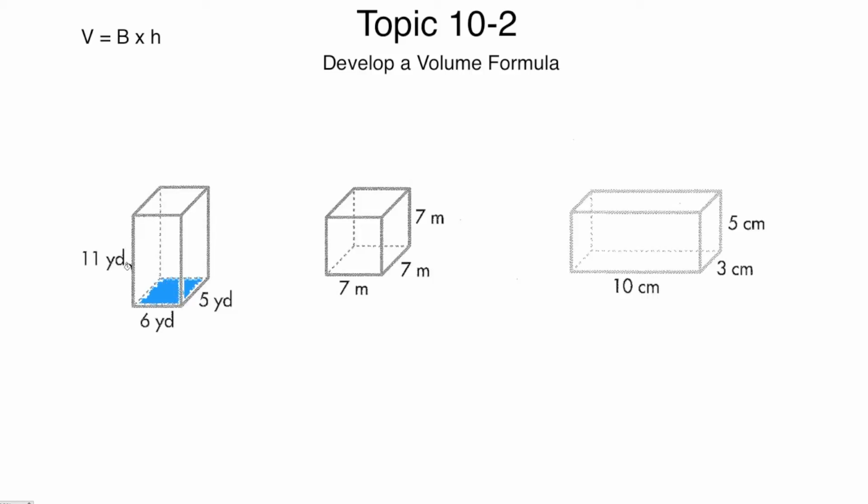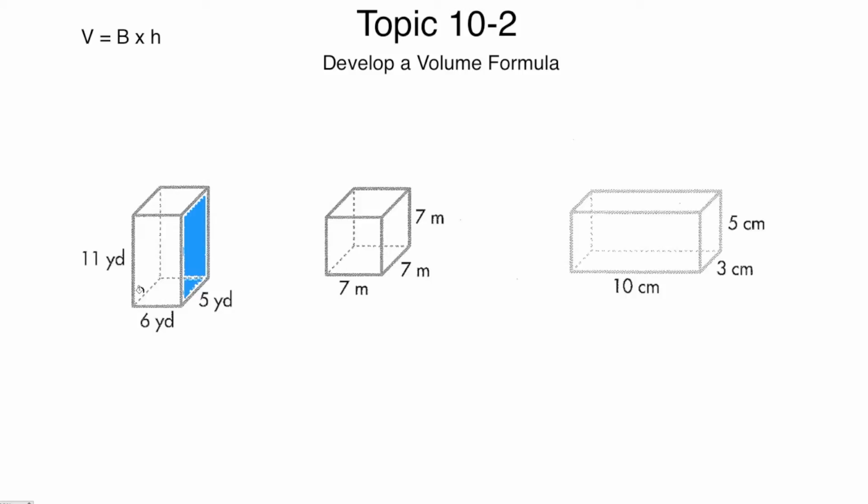Then this would have to be your height. Okay? Let's say this side. You could use this side as the base. If you're using this side as the base, then this becomes your height. Okay?